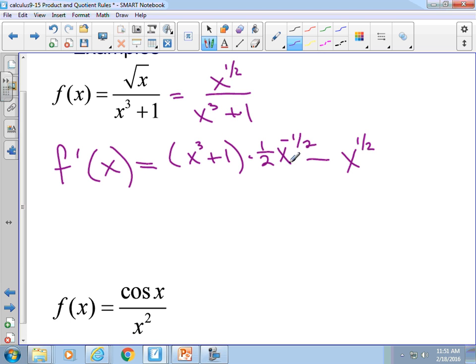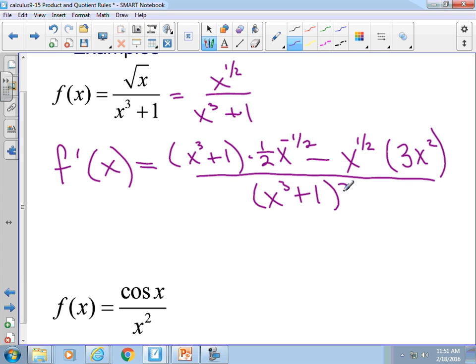3x squared. Okay, good. Low D high minus high D low, which is 3x squared, derivative of the bottom, over the bottom squared.